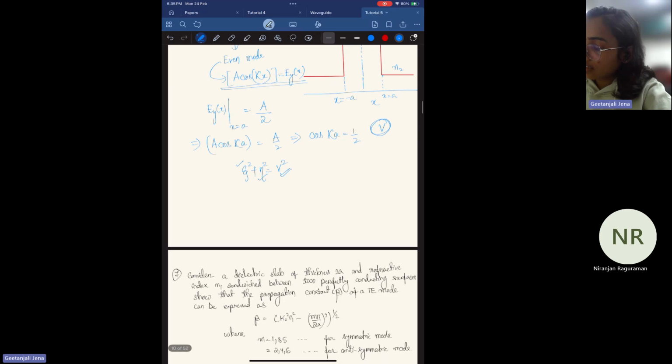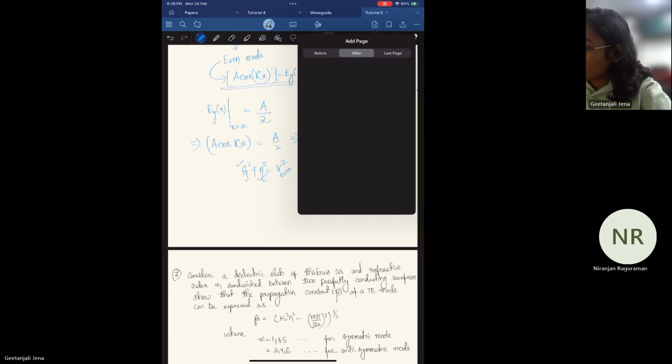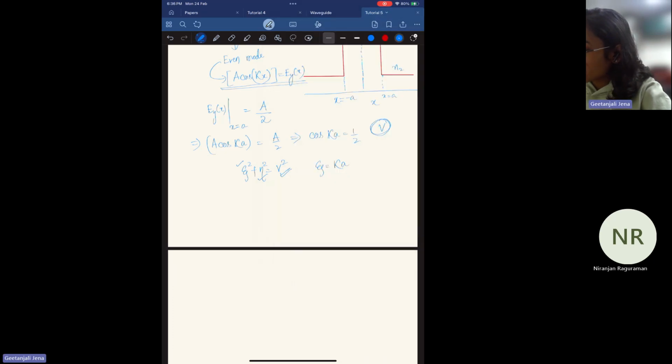For zeta, if you recall, zeta is nothing but kappa a. And from this relation, we can easily find kappa a, because cos kappa a is half. That means kappa a will be pi by 3 for the fundamental mode. So this is equal to zeta.